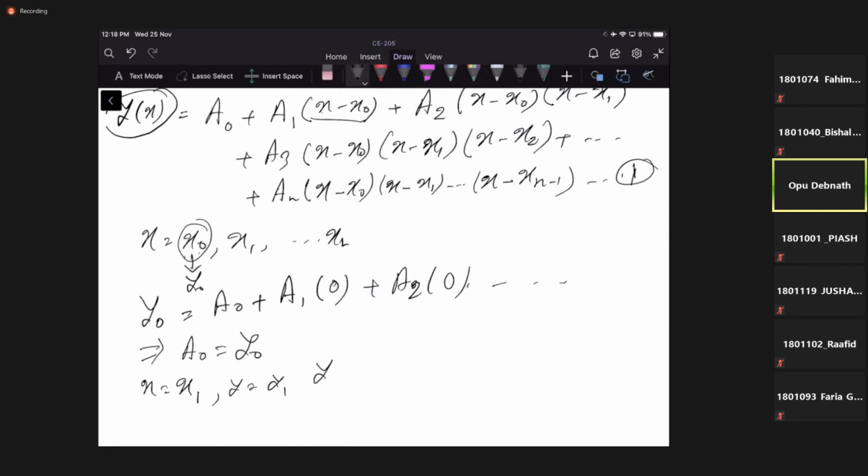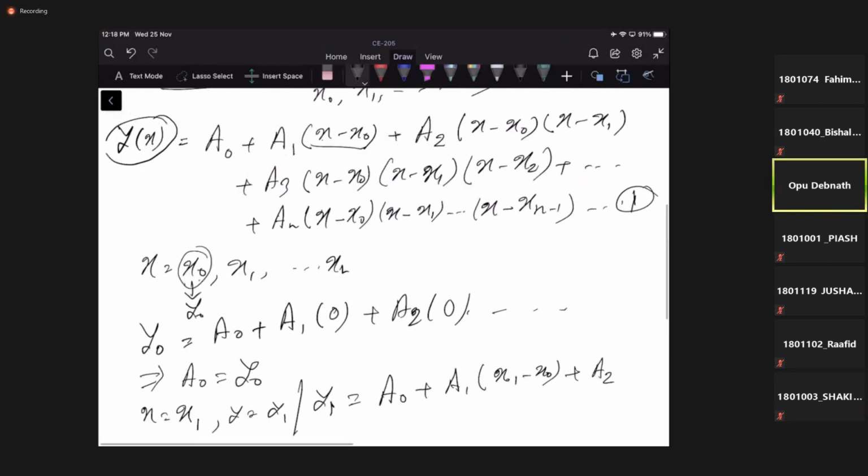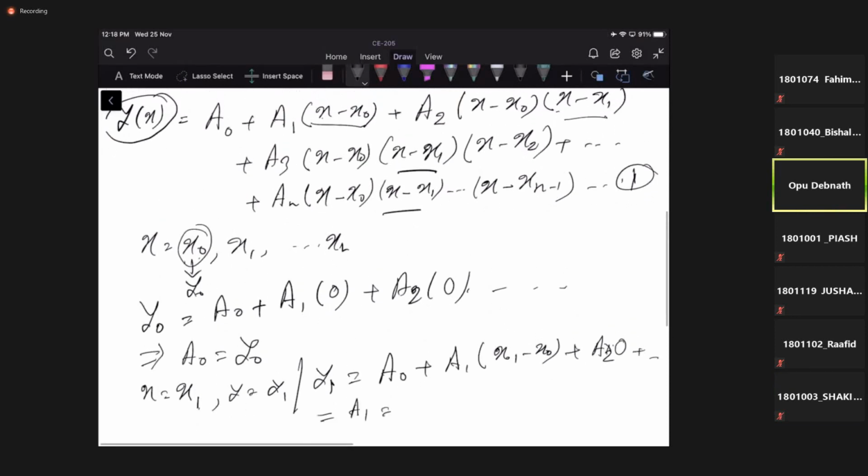So y1 is equal to a0 plus a1 multiplied by x1 minus x0 plus a2 multiplied by terms that will be 0 when x is x1, and successively for a3 these terms will be 0 up to the nth term. The remaining terms are 0. So this will give you the value of a1. a1 is equal to, and a0 we already have, that is y0.